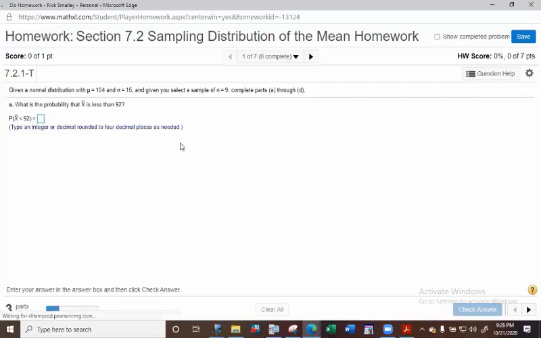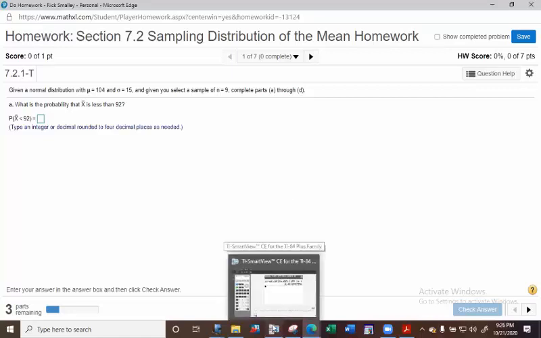You can come back to me later if you need the written out version, using the normal curve table, the chart and all that kind of stuff. I can show that to you individually, but I'm going to go ahead and go with what we normally do here, which is just using the calculator only. Obviously in my notes, I show it both ways, but for these, we'll just go calculator.